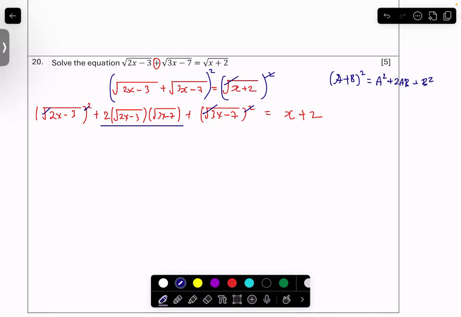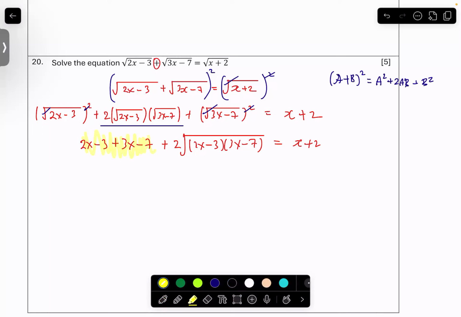So we'll get 2x minus 3 plus 3x minus 7 plus 2 times the square root of 2x minus 3 and 3x minus 7 equals x plus 2. We need another square in order to get rid of the square root sign again. But before that, we need to shift every term that is not inside the square root over.